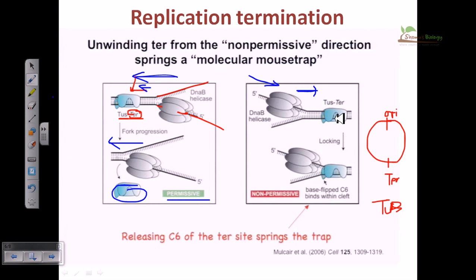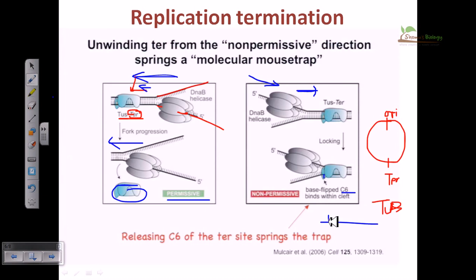In those cases, Tus protein can melt the base onto this site, and this is a cytosine base which is being melted, meaning the denaturation of this DNA double strand, and not only that but also the base is flipped towards the outside of this DNA strand. Okay, now this base is called C6, that means cytosine 6. This is not the carbon number, this is the cytosine base number 6 at this position.